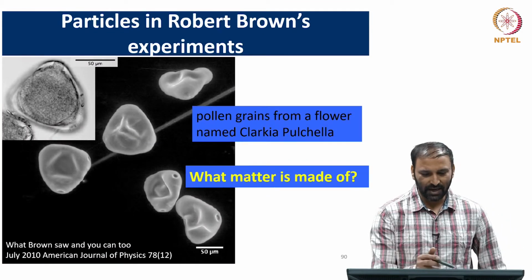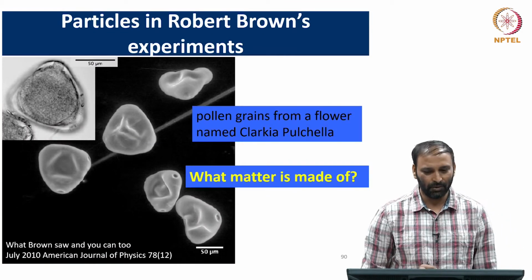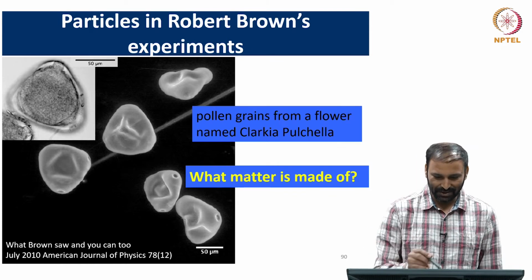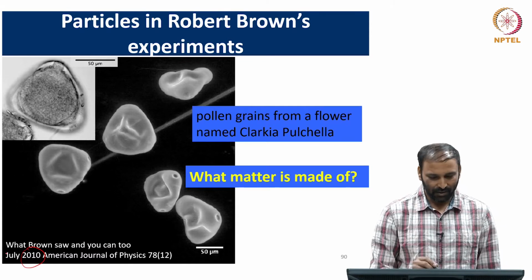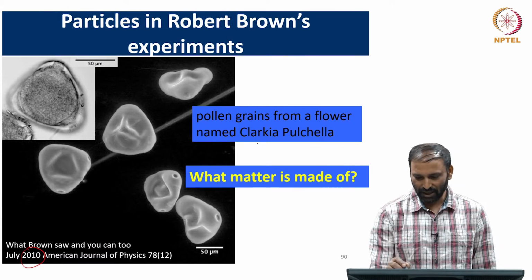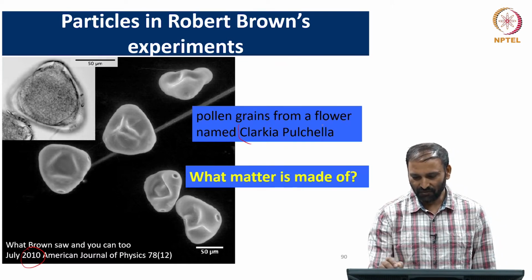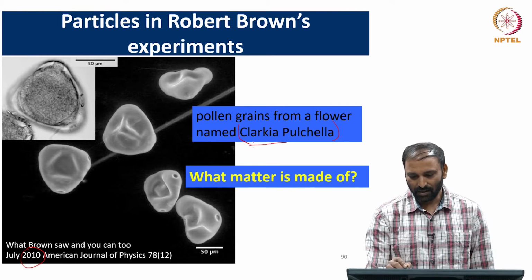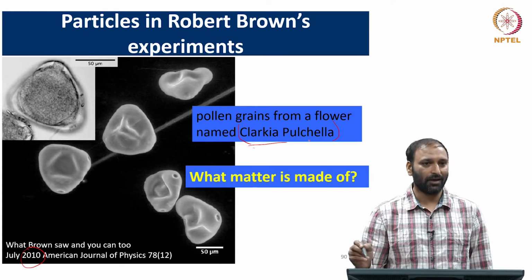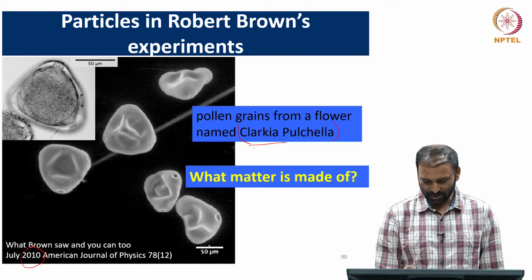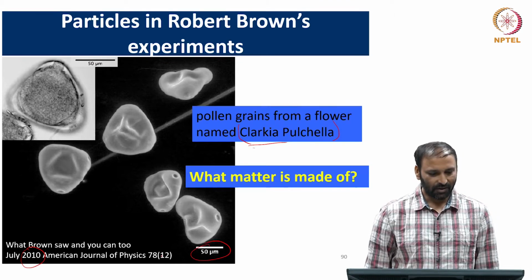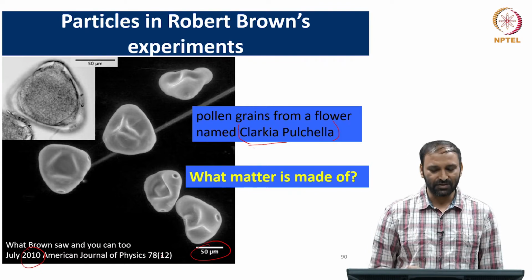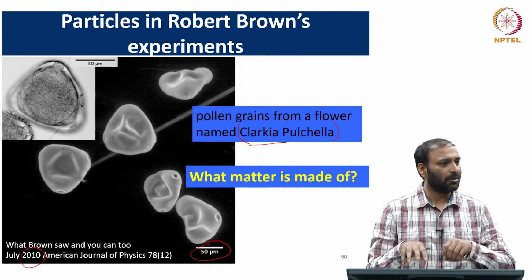These are actually the particles that were used in Brown's experiment. This is a more recent image from 2010. These are pollen grains from a flower called Clarkia pulchella. If you look at this scale bar, 50 micron, they are large enough, but he still saw that they were constantly moving around.